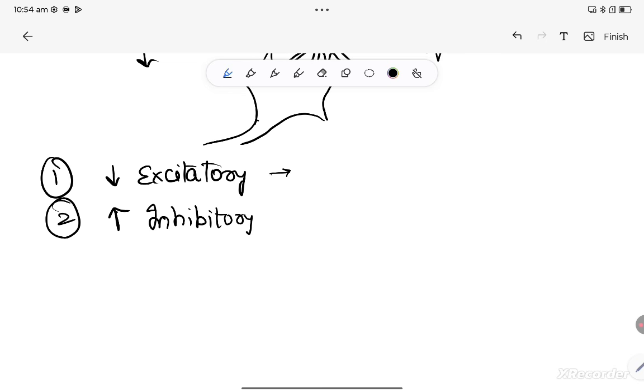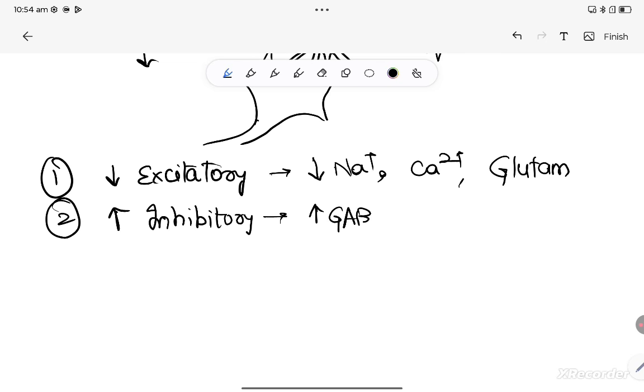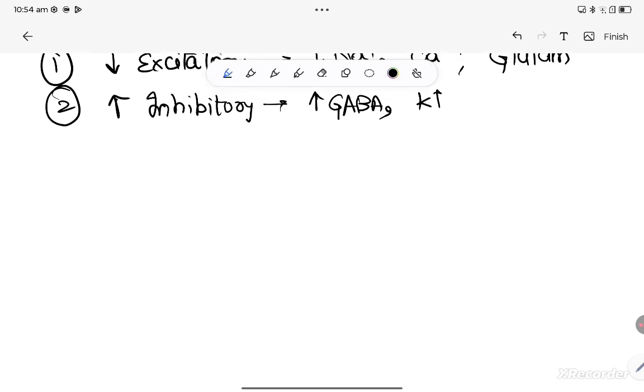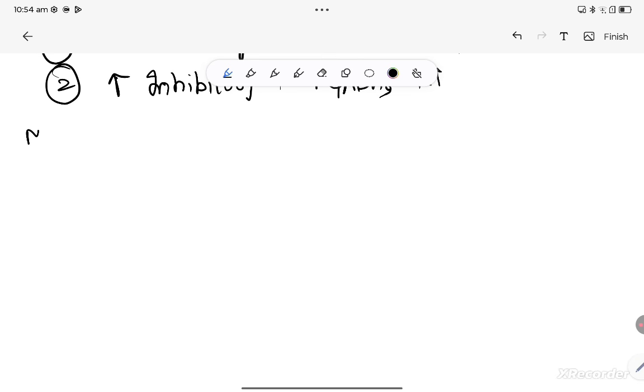What I mean by this is anti-epileptics should either reduce or block sodium ions, calcium ions and glutamate receptors, or they should increase GABA or increase the movement of potassium ions. Now, with this background, based on the mechanism of action, let us classify our anti-epileptics.